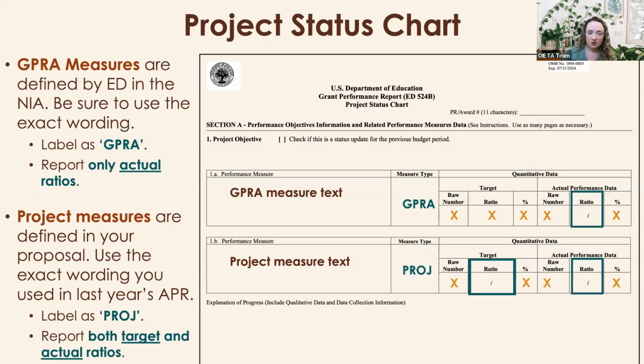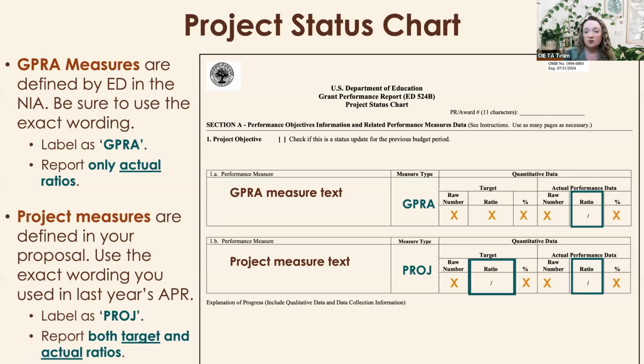All right, we talked about your 2 different types of measures. So you have GEPRA and project. GEPRA are the 2 measures that everybody reports on the same, that were actually your original GEPRA from your NYCP project even. For those, not only do you select GEPRA, but you only report the actual performance data. Then for your project measures, these are the ones that are specific to your actual proposal.